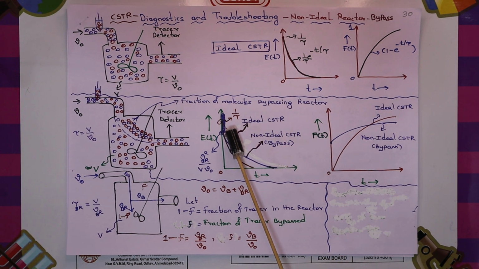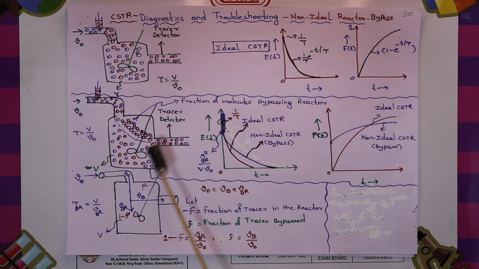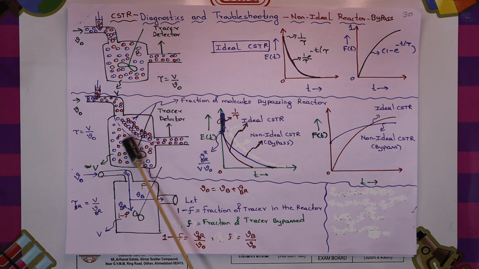Then what happens in the non-ideal CSTR? At the initial time, the moment the tracer molecules come into the reactor, some amount of molecules is bypassed at t equal to 0. You can see at t equal to 0 a strip of molecules, represented here as the blue strip, exiting the reactor at the initial point of time, and only the other fraction goes through the reactor, which starts at this particular point.